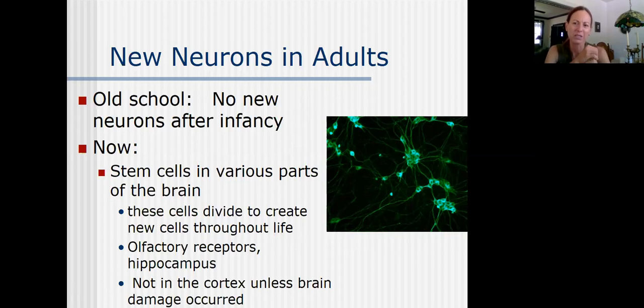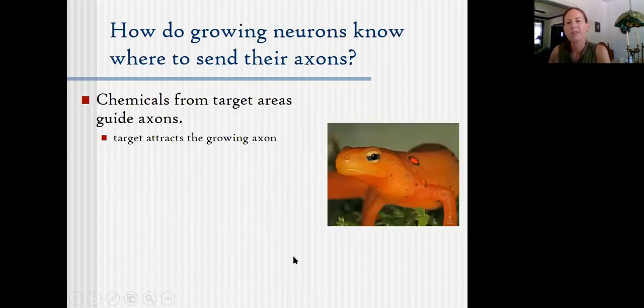Unless some brain damage has occurred. And even then, we don't see the recovery from damage being associated with those new cells very much. So we get some new cells, but we haven't really learned how to harness that into recovery from brain damage, basically. Our bodies don't recover from brain damage very well, and we'll talk about that in this chapter.